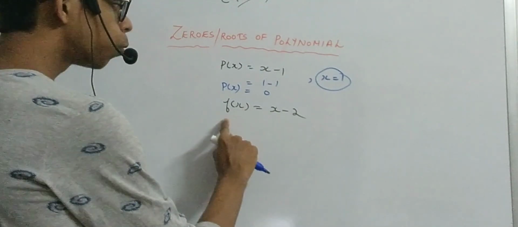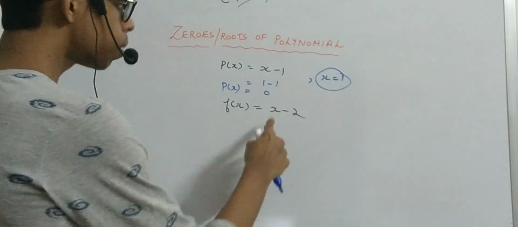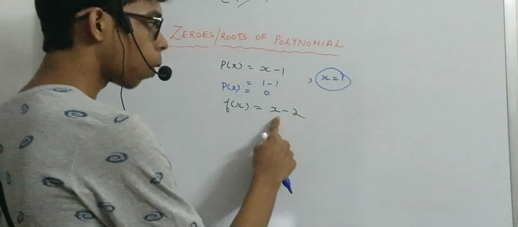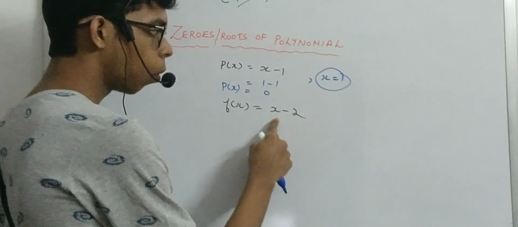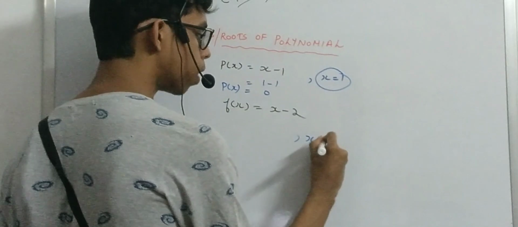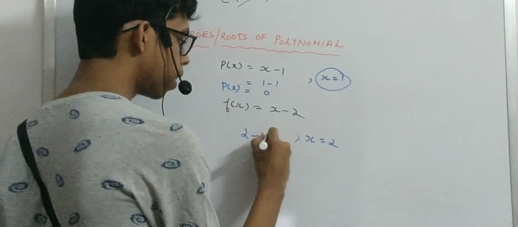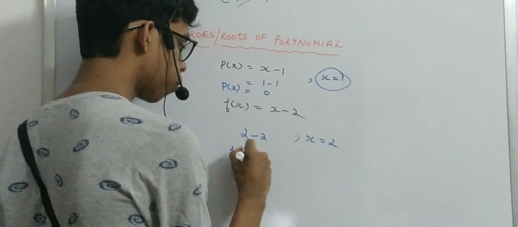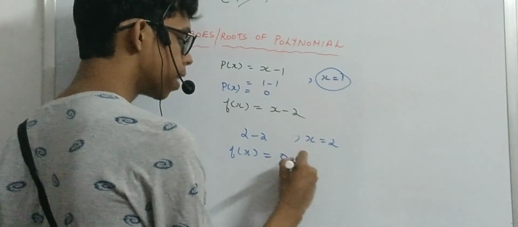Now, if I ask you to find the zero of this polynomial, what will be the zero? Yes, we know 2 minus 2 is 0. So I can put x is equal to 2, so I will get 2 minus 2. So f of x is equal to 2 minus 2, which is 0.